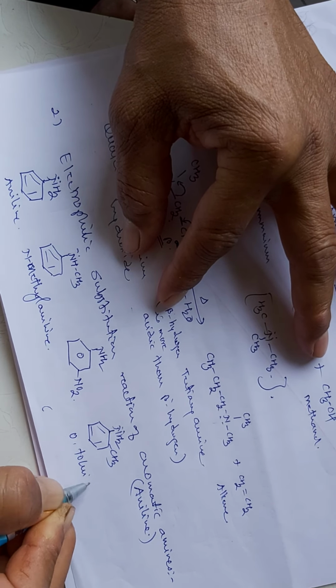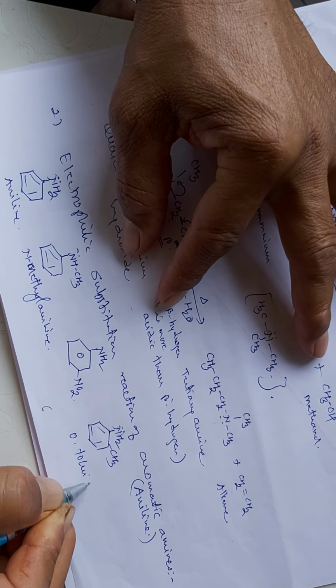And if you see, this minus charge is delocalizing in the ring at particular positions, that is ortho or para position only. So here this is ortho, this is para, and now here again this will delocalize and go to the ortho position, and in this way the electron pair on the nitrogen is involved in delocalization.